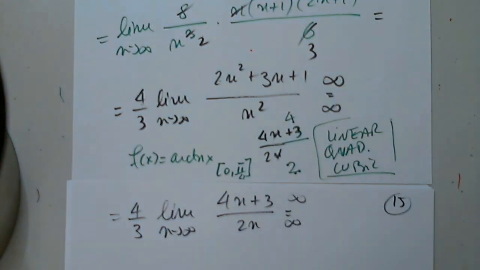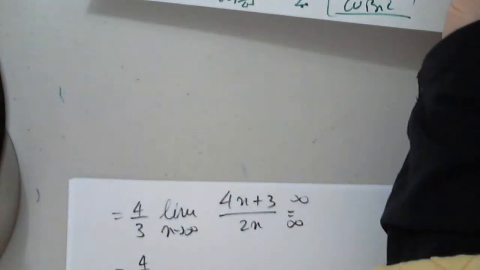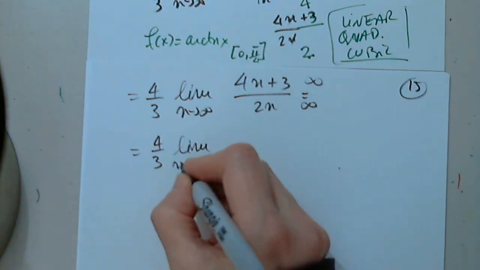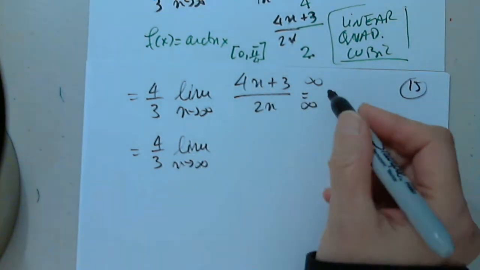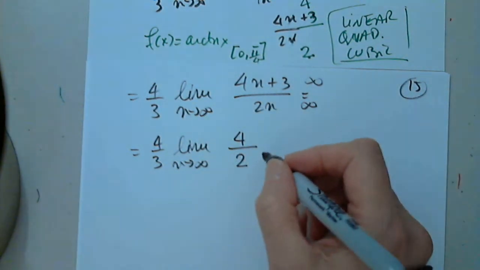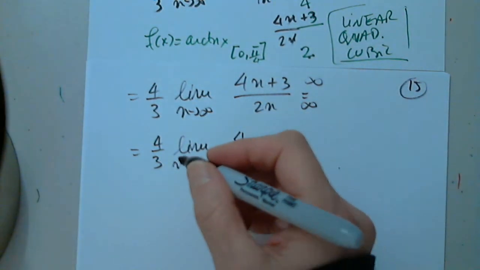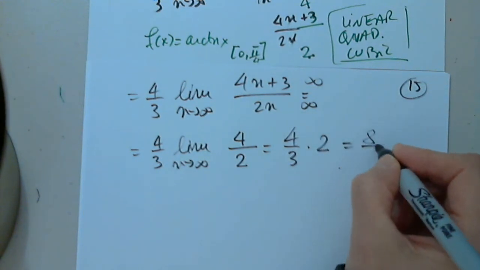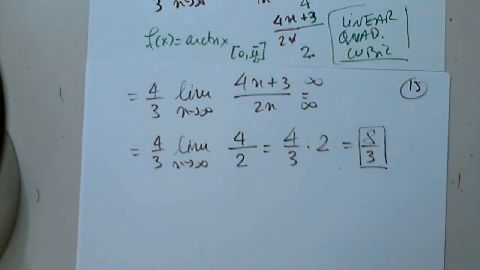It's still infinity over infinity. I have 4/3 limit as n approaches infinity. It's infinity over infinity, so the numerator is 4 when I differentiate, the denominator is 2. So then 4 over 2 is 2. The limit of 2 is 2. So 4 over 3 times 2 equals 8 over 3.